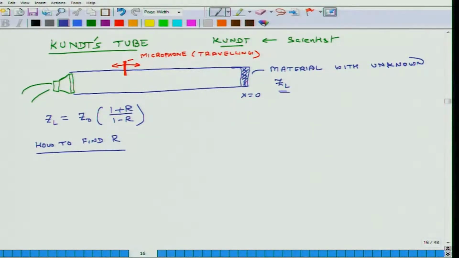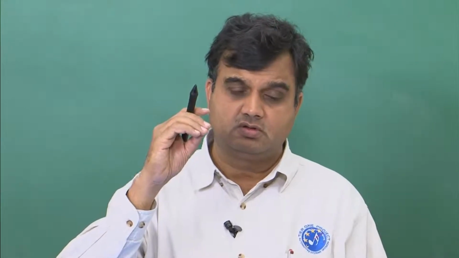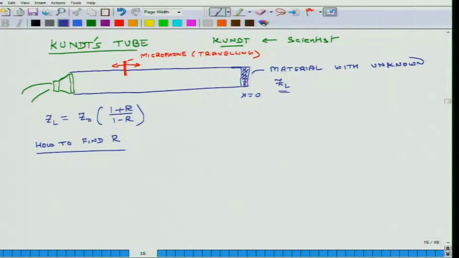Now ZL can be a complex entity because this specific characteristic impedance, as we had defined, is the ratio of the complex amplitude of pressure and the complex amplitude of velocity. Whatever is the complex amplitude of pressure at x equals 0 and of velocity at x equals 0, if we take the ratio we will get ZL.